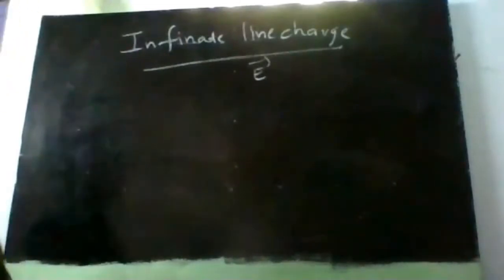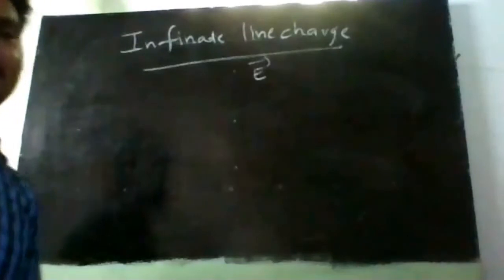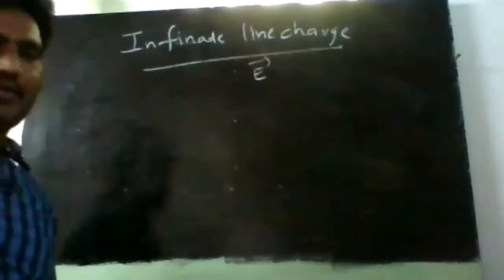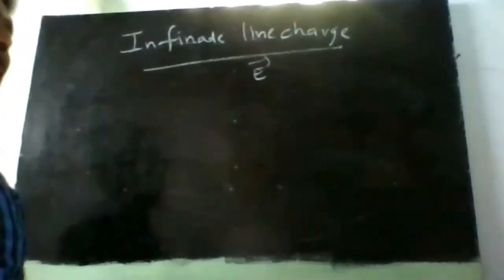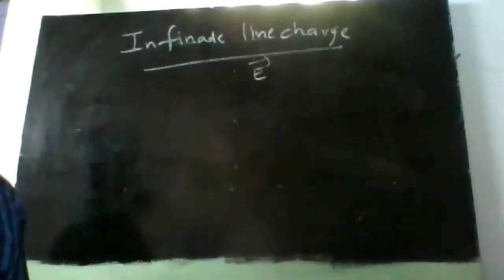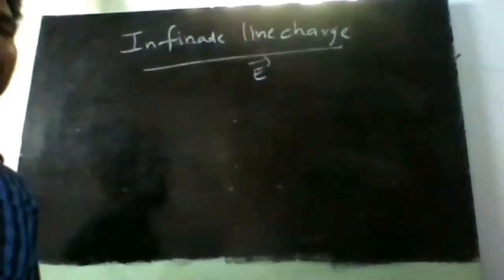The same thing we are doing here using Gauss law. Let us see. We should get the same value that we got earlier. I think all of you remember the calculation of E bar, the electric field intensity due to line charge.